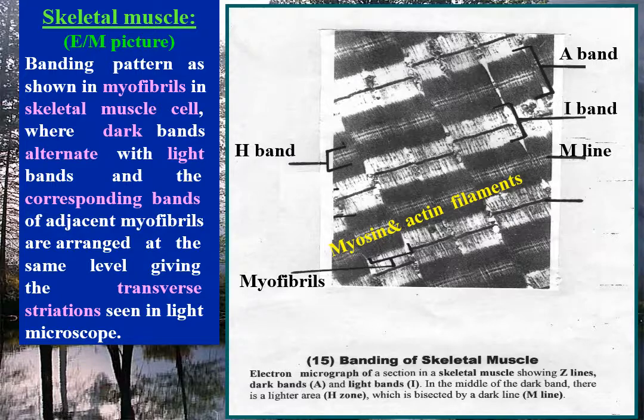Also, the broad light band I, formed of actin filaments, is present between successive A bands and is bisected by dense narrow Z line. Thus, the dark bands alternate with light bands, and the corresponding bands of the adjacent myofibrils are arranged at the same level, giving the transverse striations seen in light microscope.